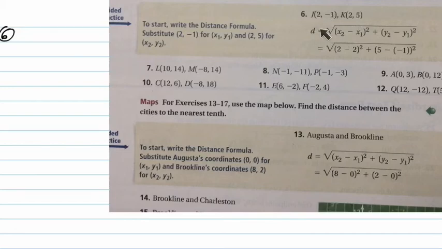If it helps you to write one right underneath the other one, I think that does help. Do that. If you need to write 2 and then -1 and then right below it 2, 5, it helps you line up the x's and y's. Anyway, the distance for the x's, the distance horizontally. What's the distance between 2 and 2? 0.